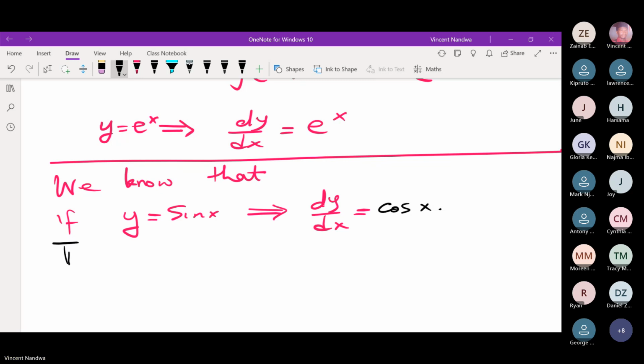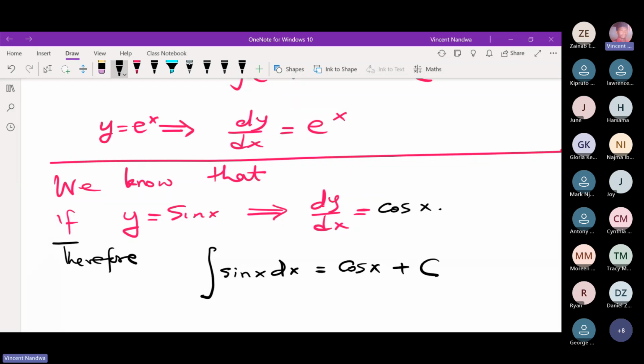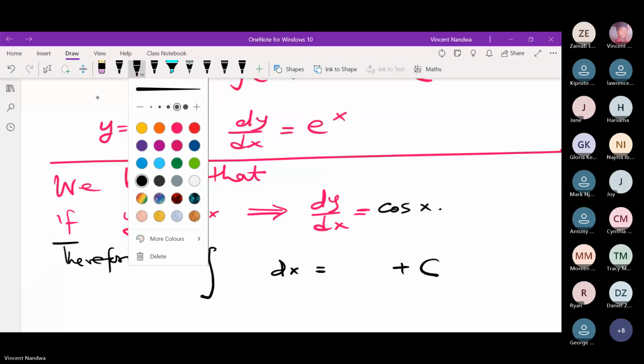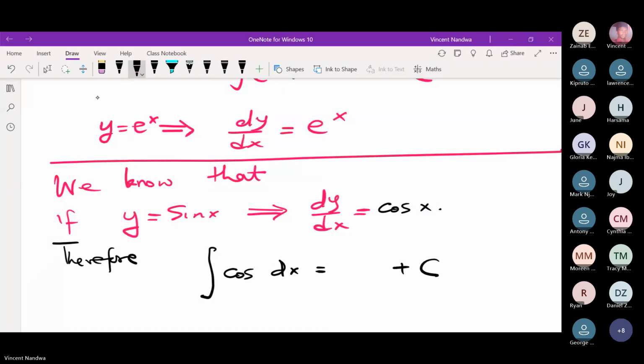So therefore, if we are evaluating the integral of cosine of x, the answer is sine x plus c.